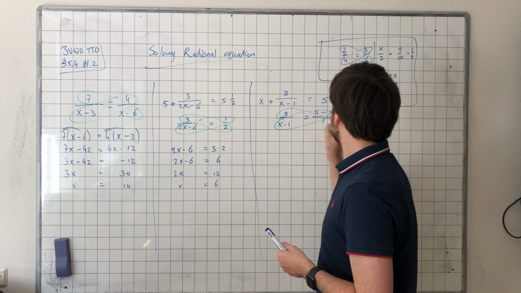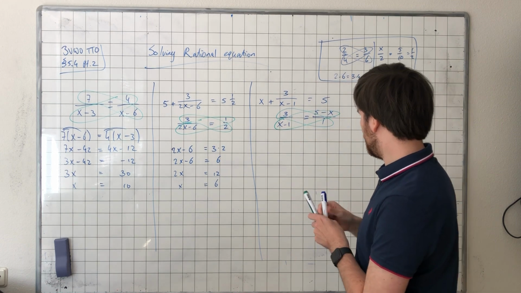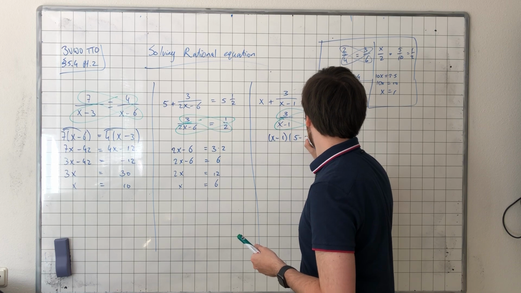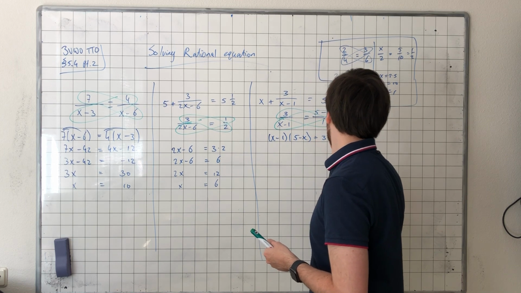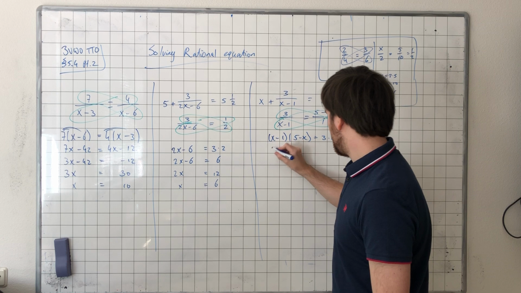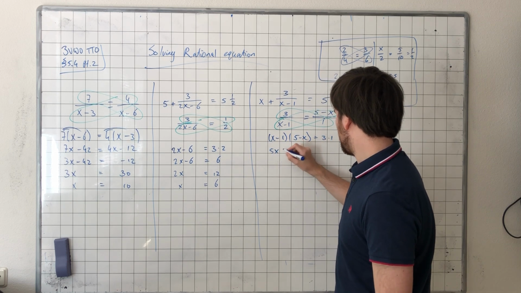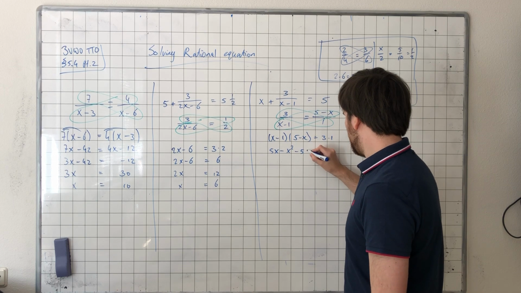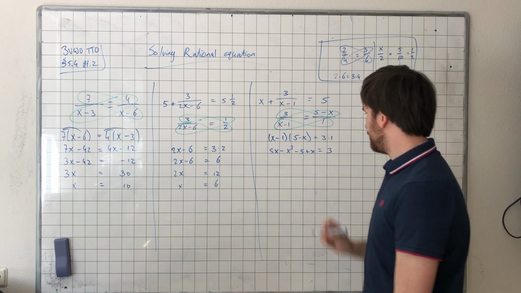And then I can use the cross product again. So let's see, x minus 1 times 5 minus x is equal to 3 times 1. 5 times x, x times minus x, minus 1 times 5, plus x is equal to 3.